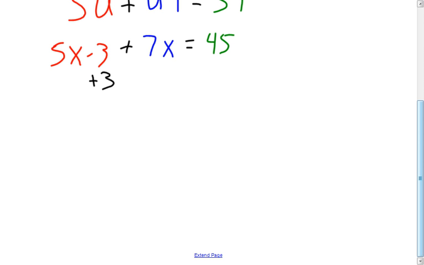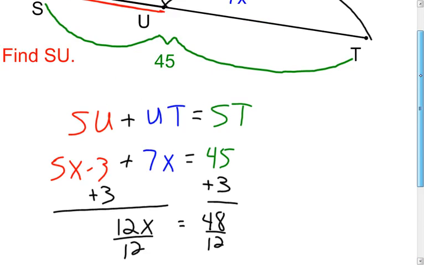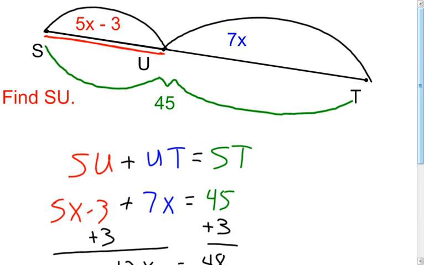So I'm going to add my 3 to both sides. Now I have the 5x and the 7x, which put together is 12x, and this is 48. Divide both sides by 12, and I just found out that x equals 4. Now be careful, because notice it said find the length of segment SU. X equaled 4, but I want the length of segment SU.